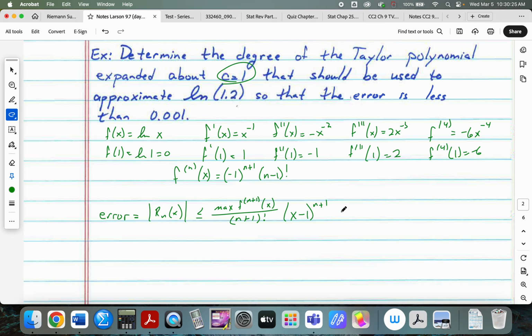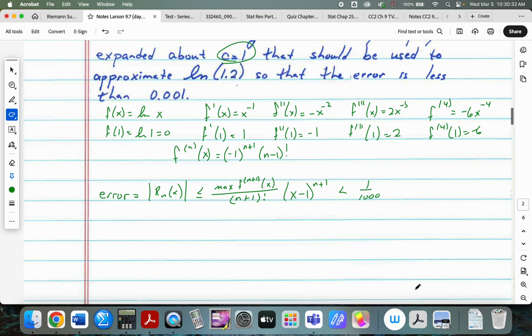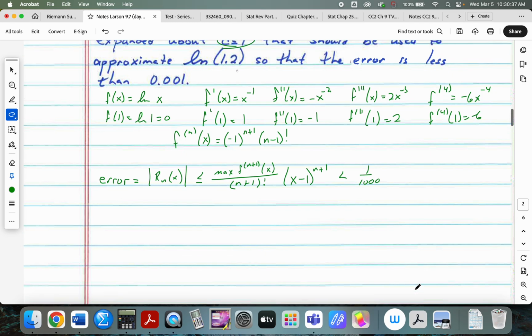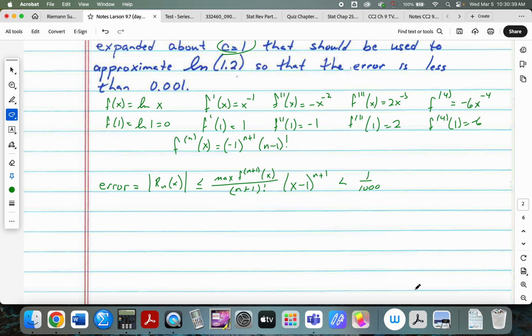And we want this to be less than 1/1000th. Oh, sorry, I left off the last part of this. Times x to the negative n power.